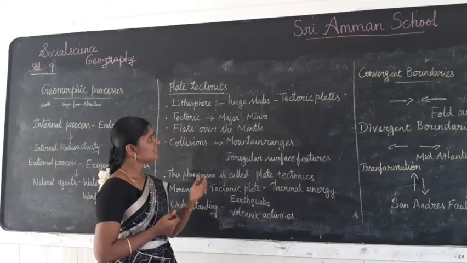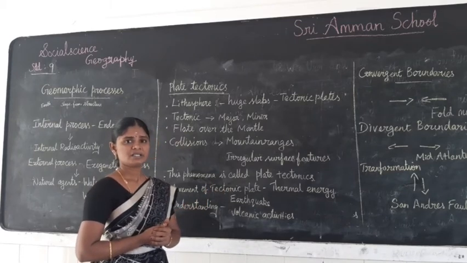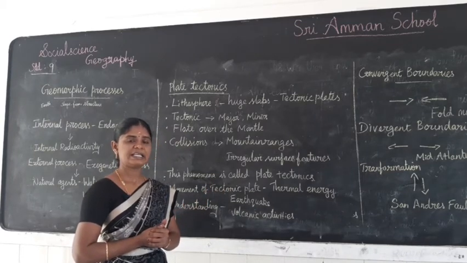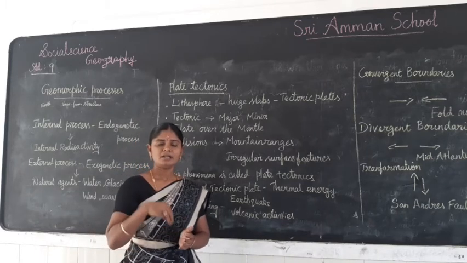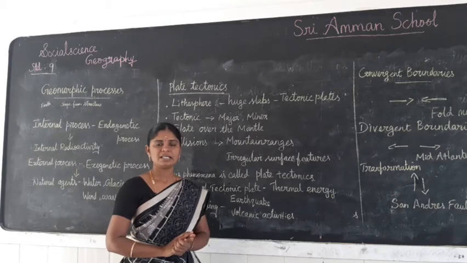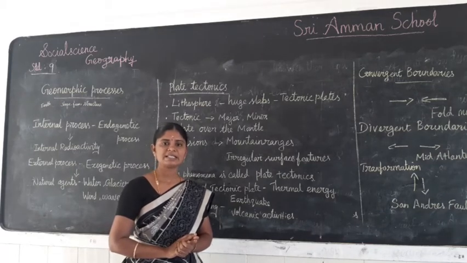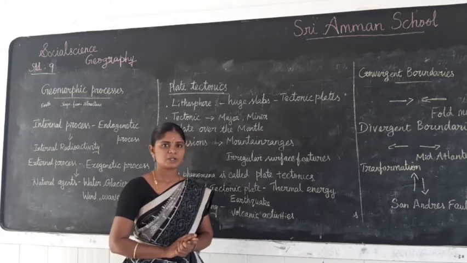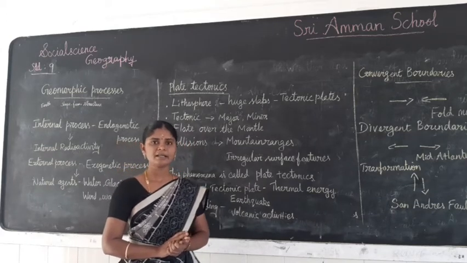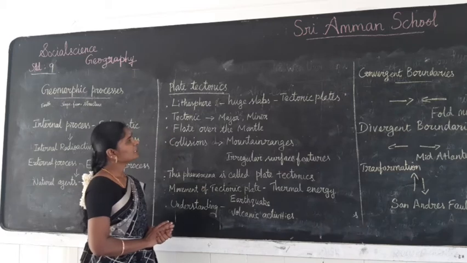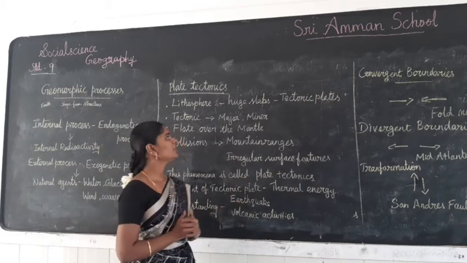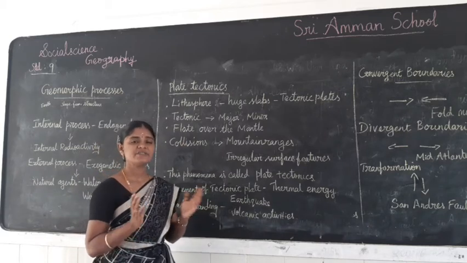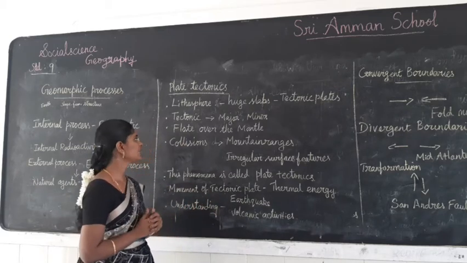What is the main source of this movement? It is the internal heat and material ejected from deep below the earth's crust. Internal radioactivity is the principal source of energy for this process. To summarize: the lithosphere is divided into huge slabs called tectonic plates, which are divided into major and minor plates.